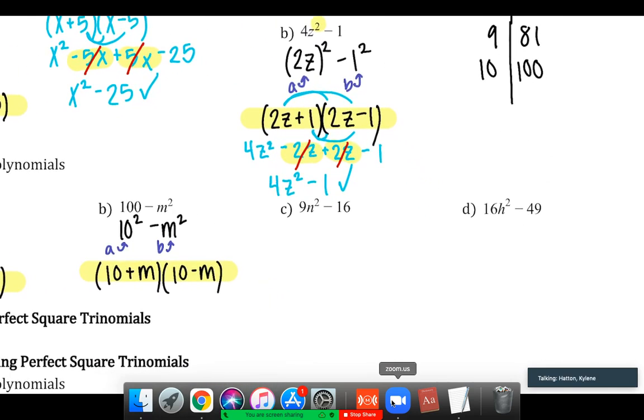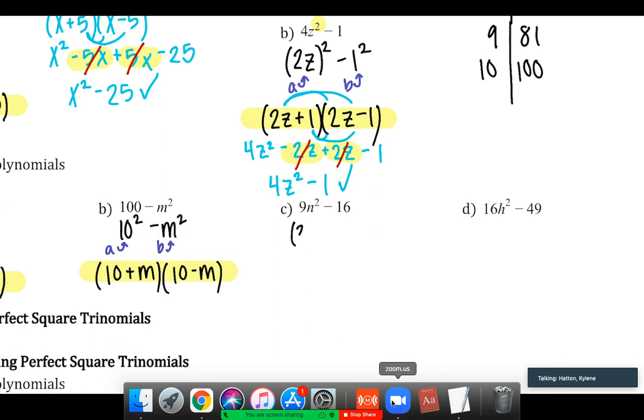Okay, so I want to talk about how to get started for C, and then I'll give you guys time to finish the last two. For C, 9n squared minus 16, how could I rewrite that 9n squared though? Because the 9 isn't being squared right now, just the n. Yeah, good job.